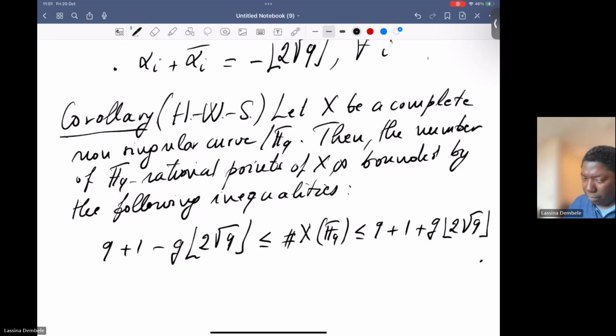Okay, so that's the statement. And again, these bounds are quite sharp in some sense.